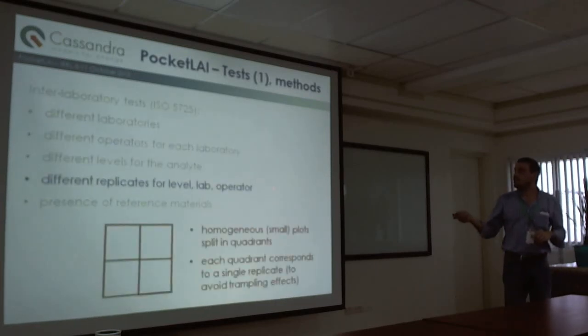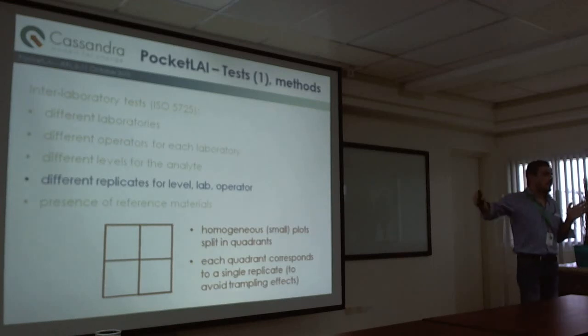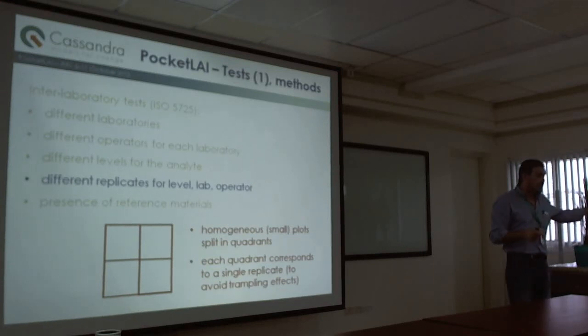Different replicates for each level, lab, and operator. This is difficult, because we used 3 time points during the season: 4 laboratories, 4 students for each laboratory, different replicates for each student within each laboratory, and different instruments.